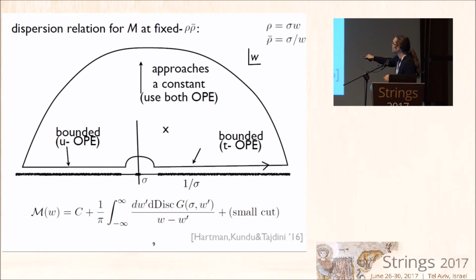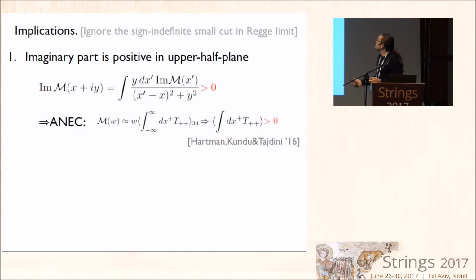There's a small cut here where the integrand is not the double discontinuity. So it almost works, and if you take the rigid limit, where this small cut shrinks to 0 and has a vanishingly small contribution, this really succeeds at expressing the amplitude in terms of this imaginary part. This dispersion relation has many implications.